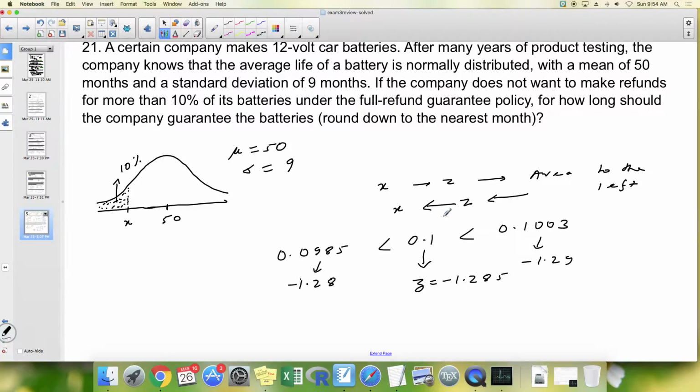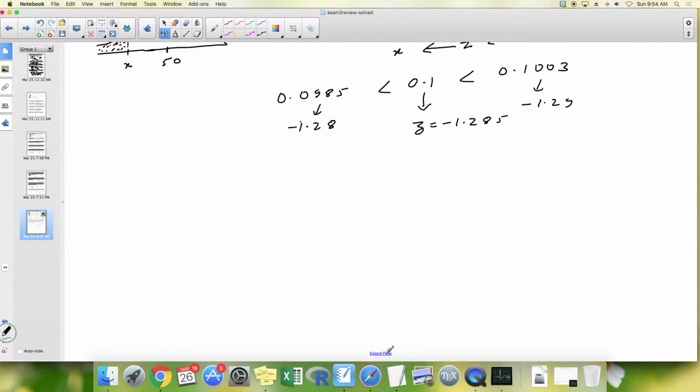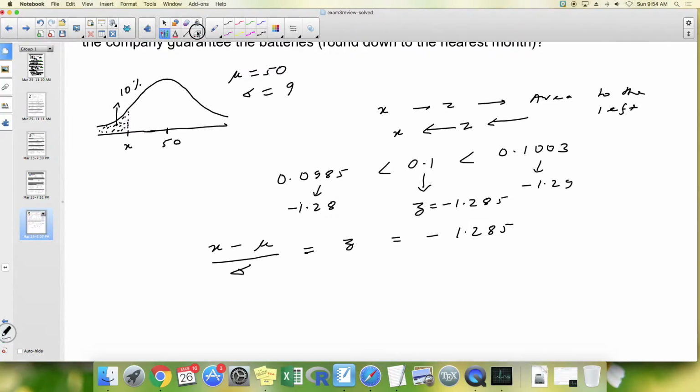Now we know that x minus mu by sigma is z. So obviously, that is minus 1.285. In place of mu, let me write 50.